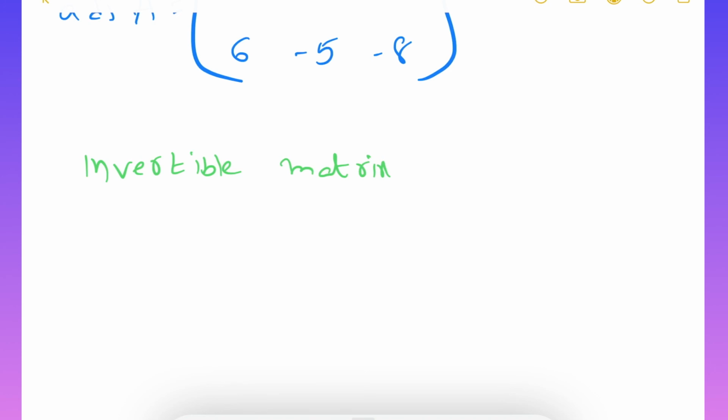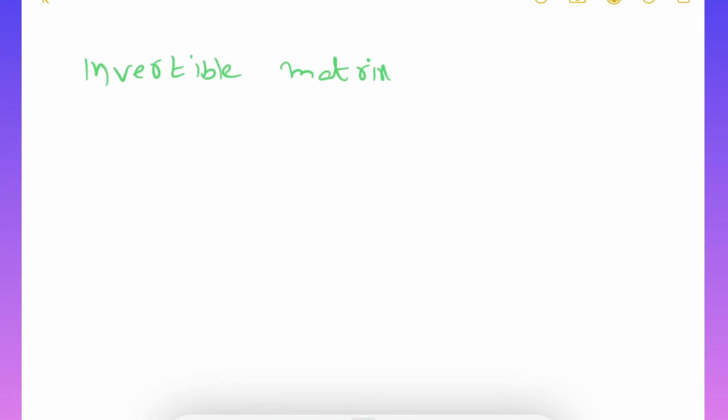An invertible matrix is nothing but a square matrix A such that if there exists another matrix B where AB equals BA, which equals the identity or unit matrix, then that type of matrix is invertible.